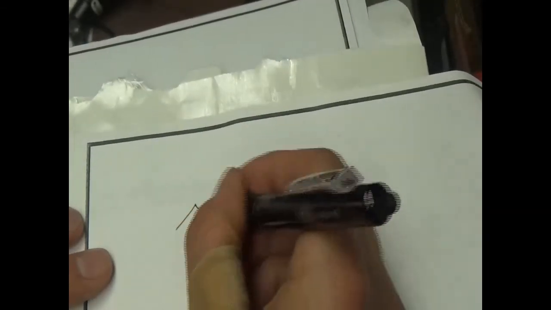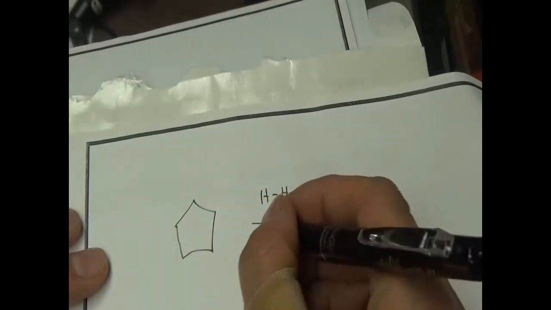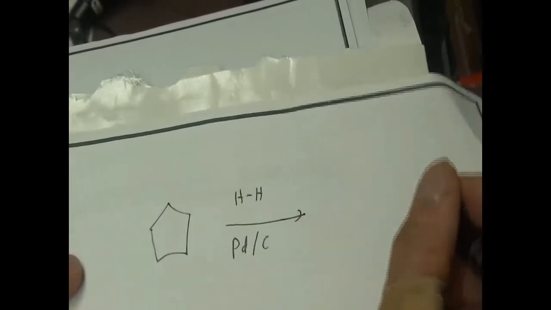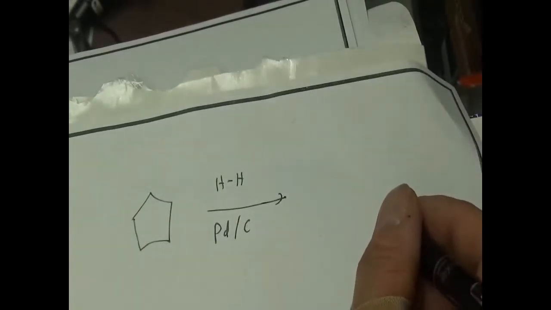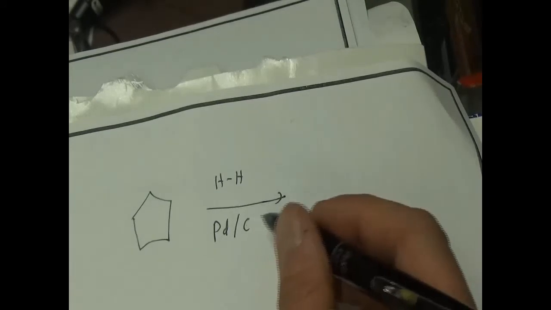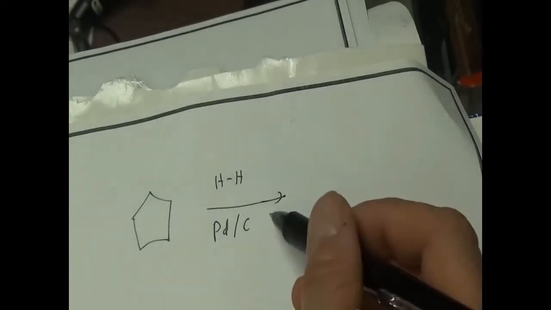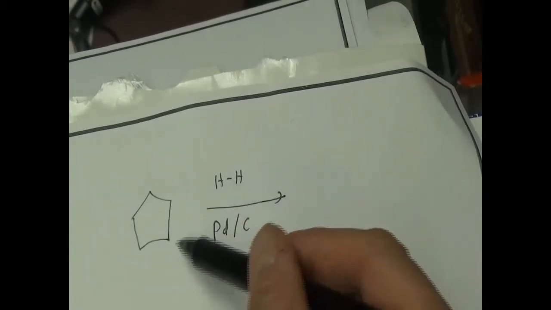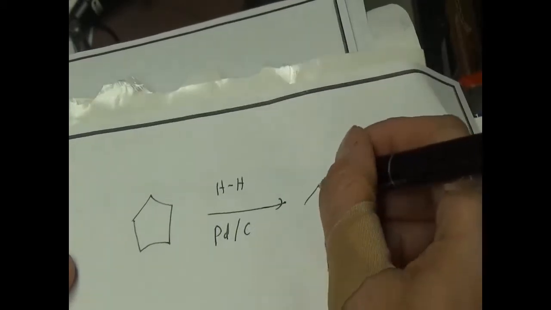What did we say about which of the bonds are prone to cleavage with H2 palladium on carbon? Which ones did we say were prone to this reaction? We said cyclopropane and cyclobutane. This is a relatively stable molecule, so it does not do this.